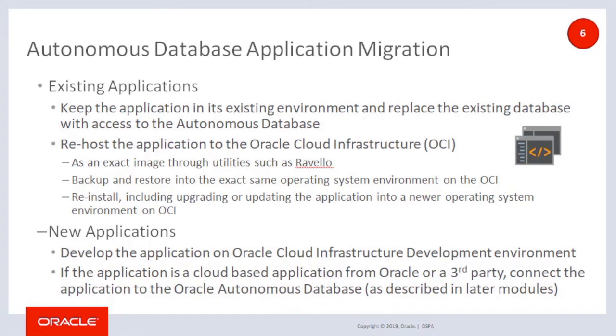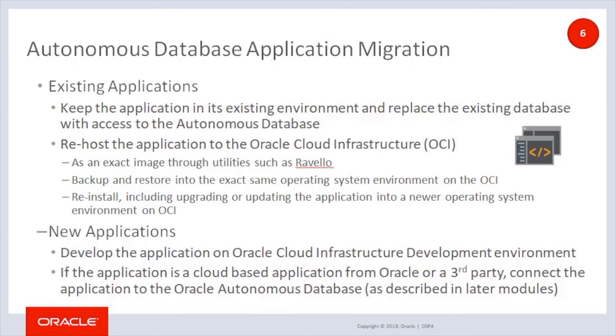Once a decision is made to move the database to Autonomous database services, the next step is to determine what to do with the application accessing the database. Just like rehosting the database to the cloud, rehosting the application to the cloud may have its own benefits. If the application using the Autonomous database is an existing application, there are 2 preferred options for hosting the application.